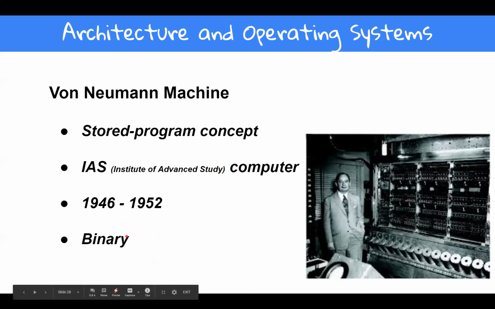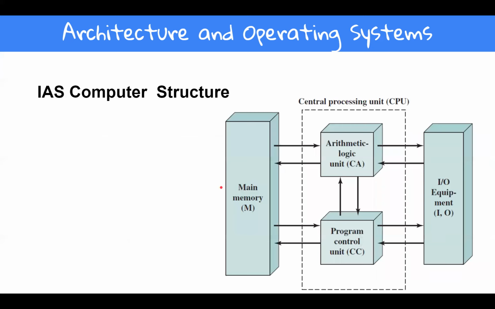The ENIAC was on a decimal system, but von Neumann was on a binary system, and he proposed an architecture for that. This architecture, the IAS or von Neumann architecture, is what all machines these days work based on. So this is the structure of this machine.